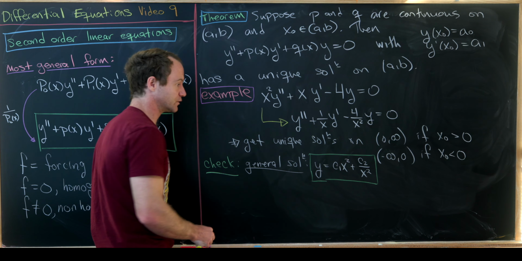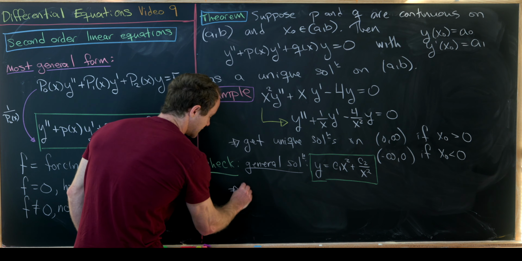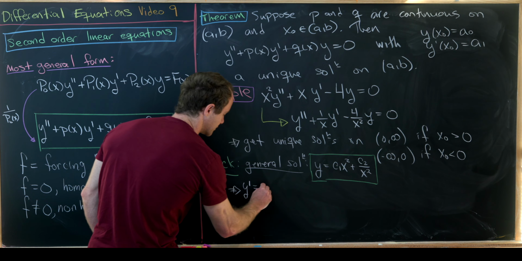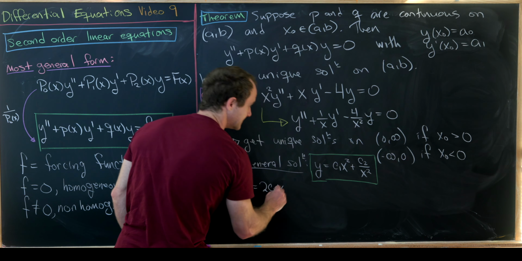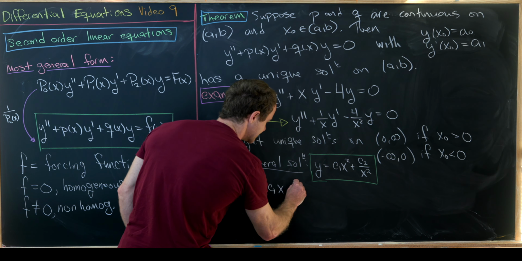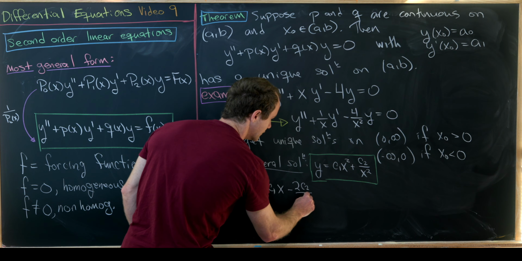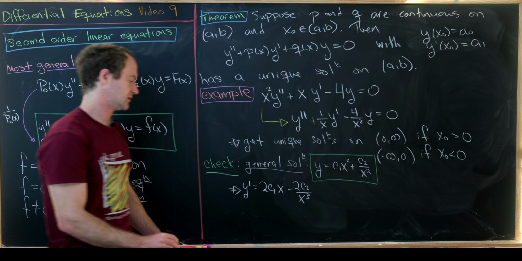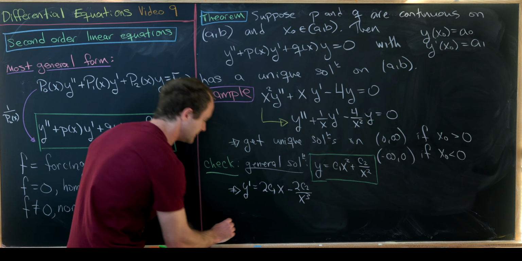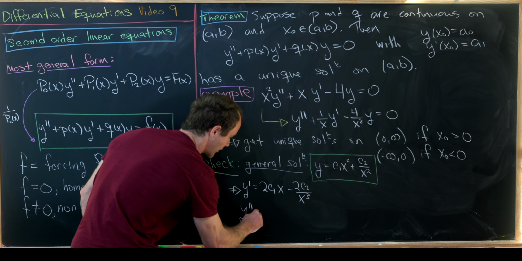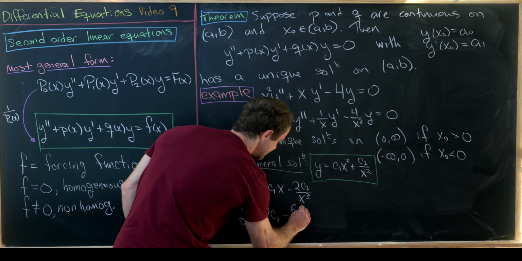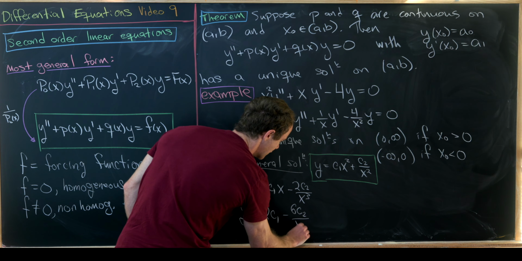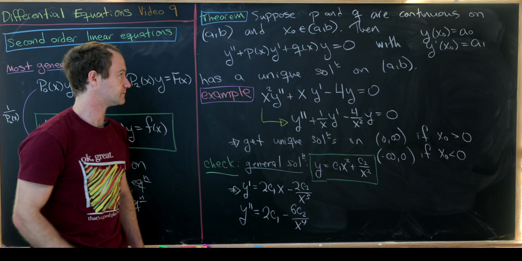Okay, so if that is y, then that tells us y prime is equal to 2 times c1 times x, and then let's see, minus 2 times c2 over x cubed. So that's by taking the derivative. And then y double prime is equal to 2 times c1 plus 6 times c2 over x to the 4th.